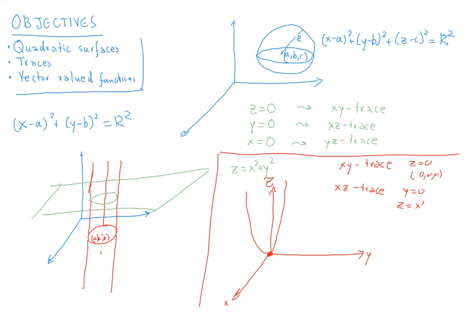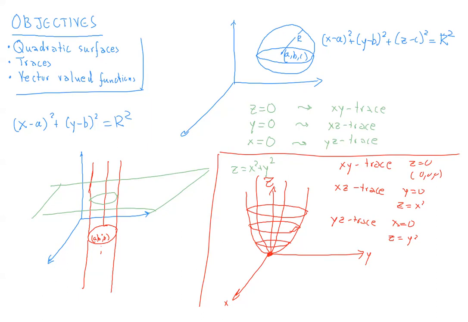Also, the yz trace, which is obtained by setting x equal to 0, will be z is equal to y squared, which is another parabola. And eventually we see that what we get is this parabolic cone, or sometimes we will call this just simply a paraboloid.